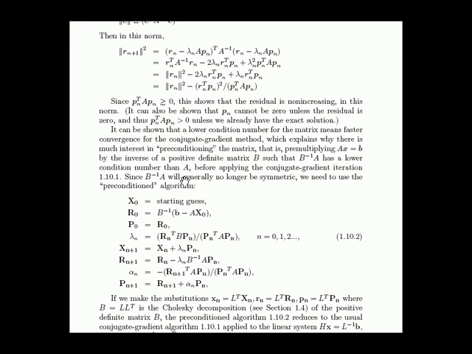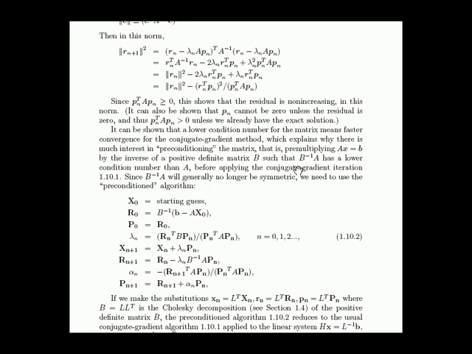So let's assume A is positive definite. Then the speed of convergence depends on the condition number, that's the largest eigenvalue divided by the smallest eigenvalue. So if you have an eigenvalue really close to zero, that means A is nearly singular and it's going to have a large condition number, it's going to converge slowly.